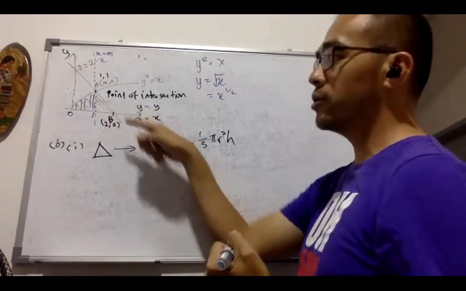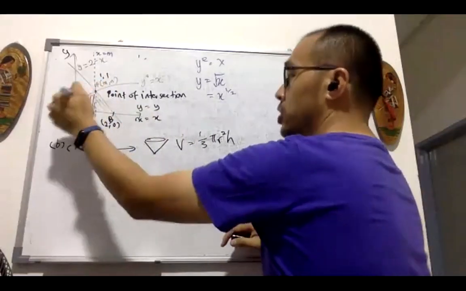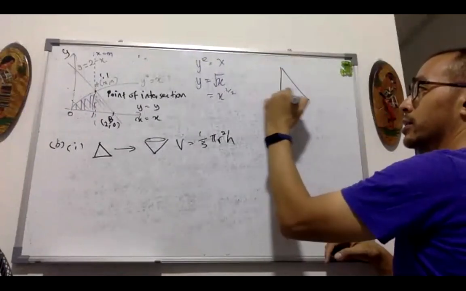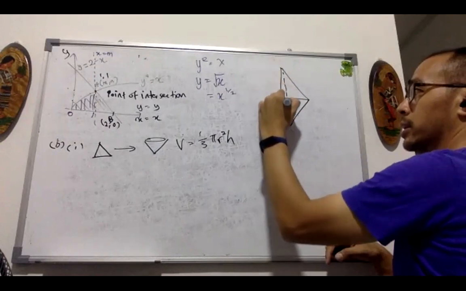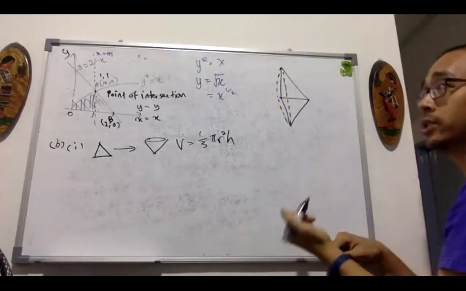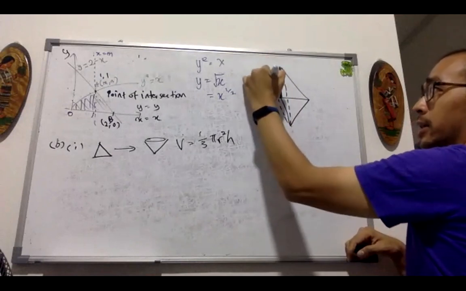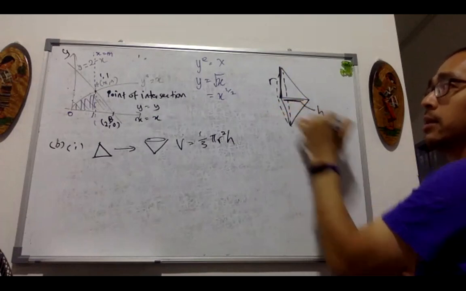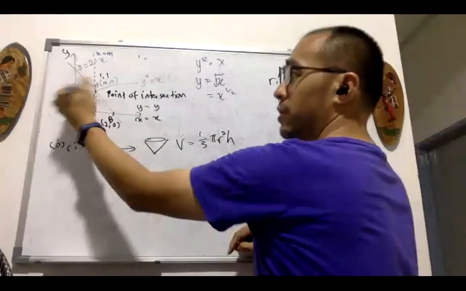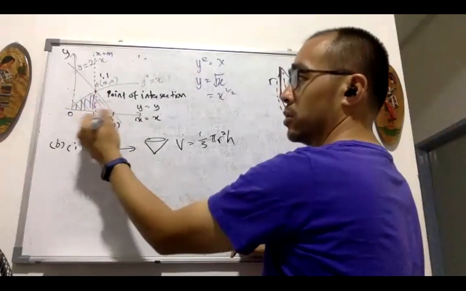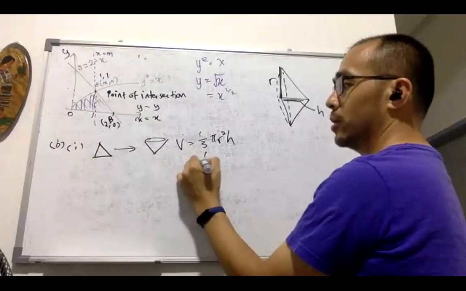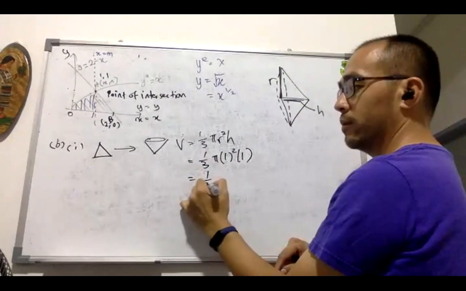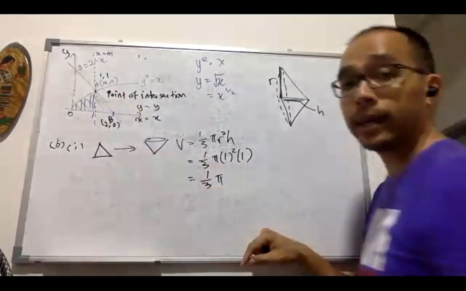If this is the original triangle and I revolve it, I will get this sort of conical shape, in which this height is the radius and this height is the height of the cone. The good news is the radius is 1 and the height is also 1. So this would be 1/3 pi times 1 squared times 1, which gives me 1/3 pi. That's for the cone side.